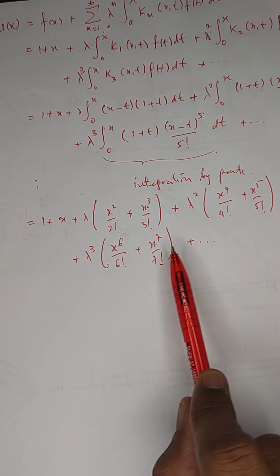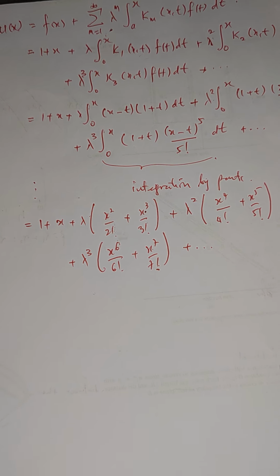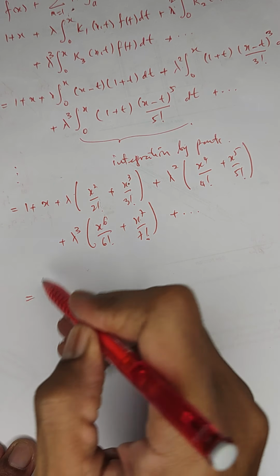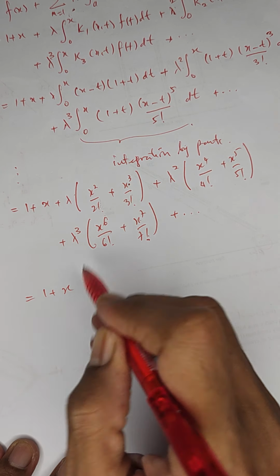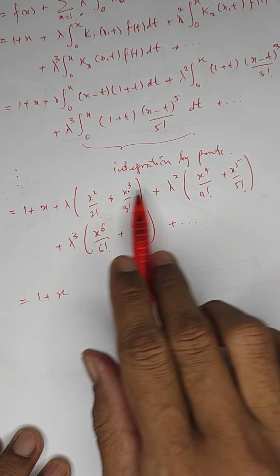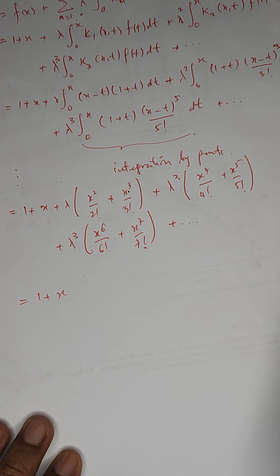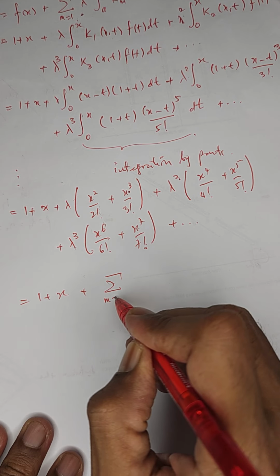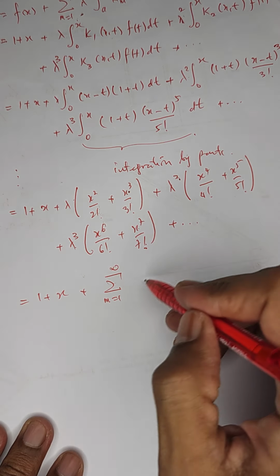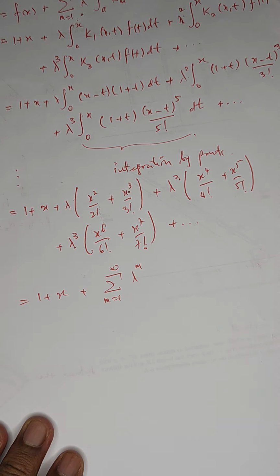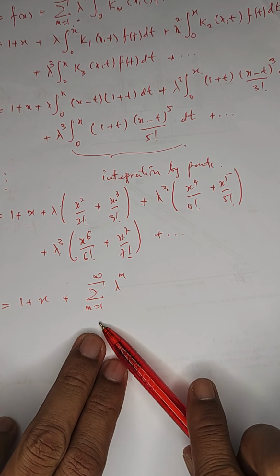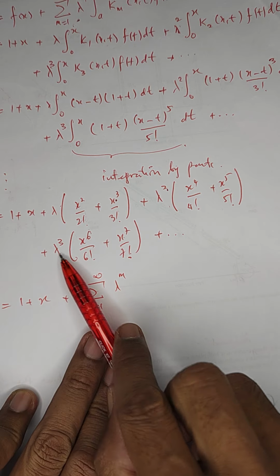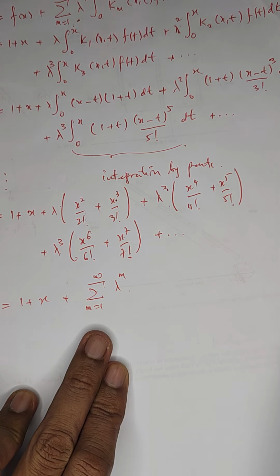So you can write this as 1 plus x, and then we have lambda, lambda squared, lambda cubed, and so on. So all of those give you the sum over m from 1 to infinity of lambda to the m. When m equals 1 we get lambda, m equals 2 we get lambda squared, m equals 3 we get lambda cubed, and so on.